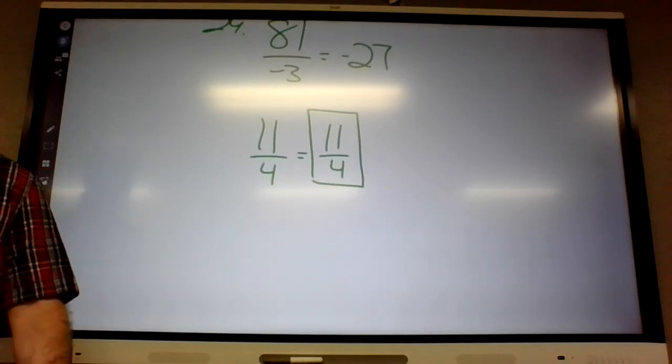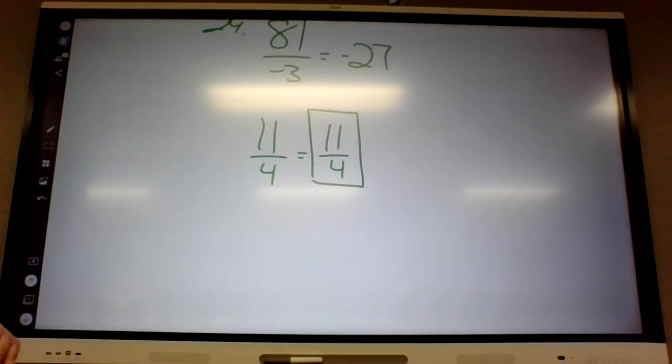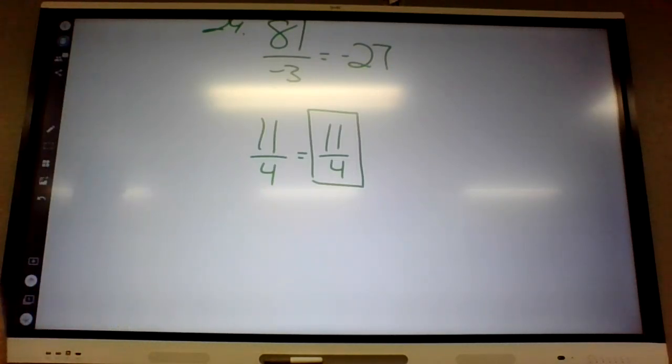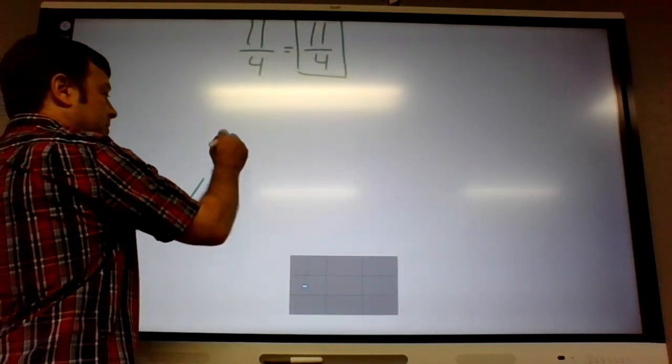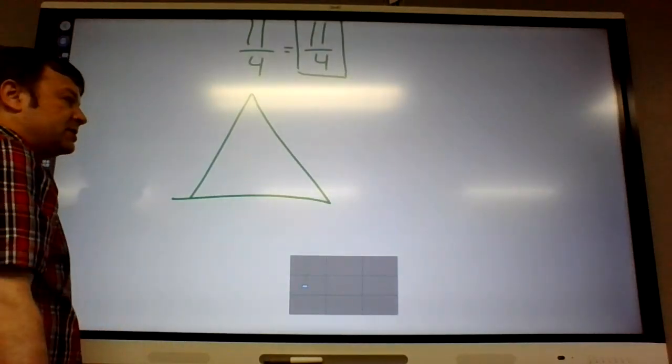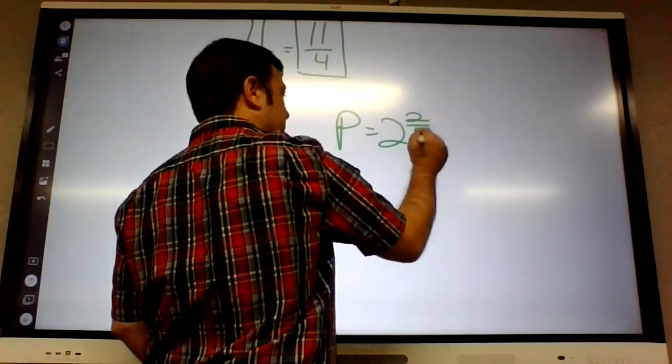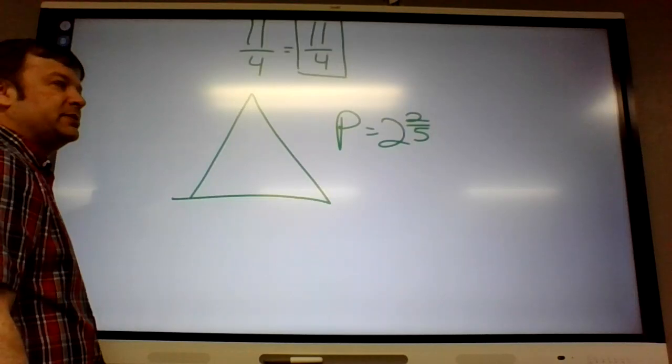Okay, and then there's one kind of word problem, 34 and 35. 35, let's look at that. It says, if an equilateral triangle has a perimeter of 2 2/5. What's an equilateral triangle? Equal on all sides. All three sides equal. So the perimeter is 2 2/5. Guess what they're gonna ask?